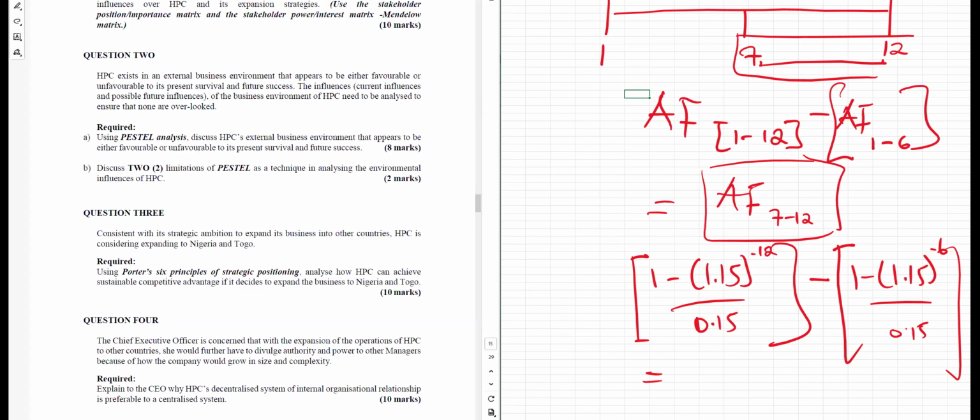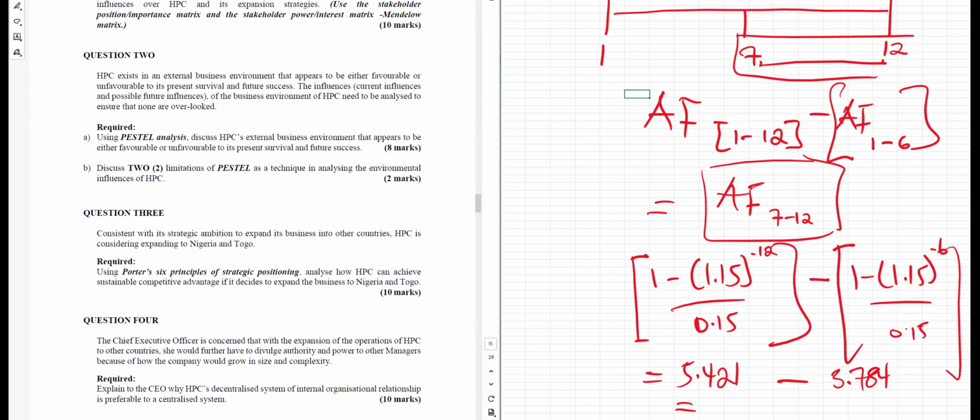Please, we all learned how to calculate annuities. So, 5.421. Then this one, the 6-year annuity, is 3.784.